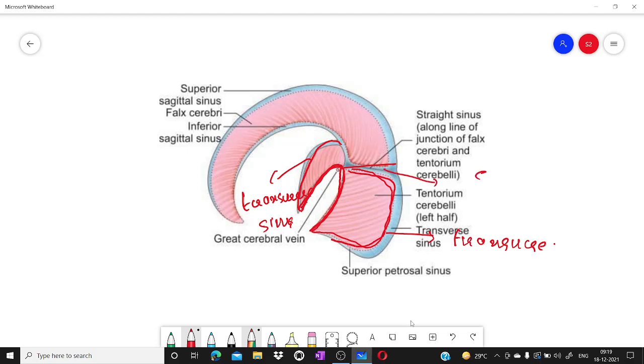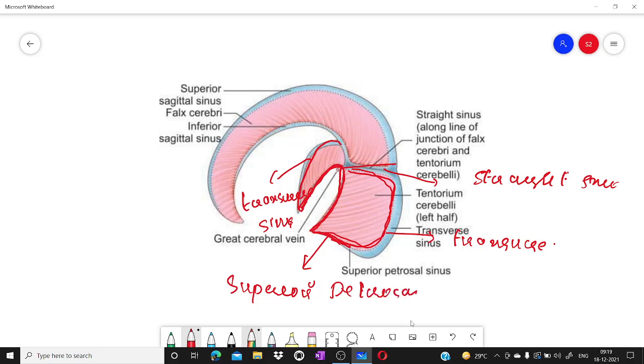So this is the straight sinus. Sorry, this is the transverse sinus, and along here anterolaterally you can see the superior petrosal sinus which is related to the attached margin of the tentorium cerebelli. Superior petrosal sinus. So this much is the superior petrosal sinus.